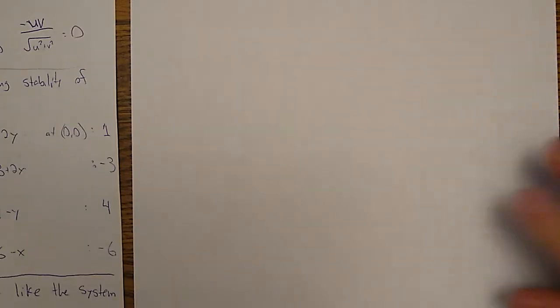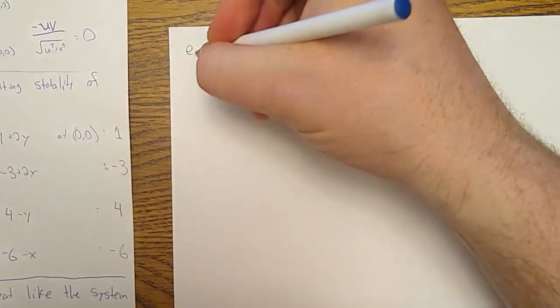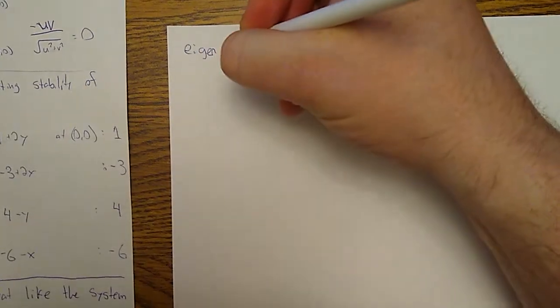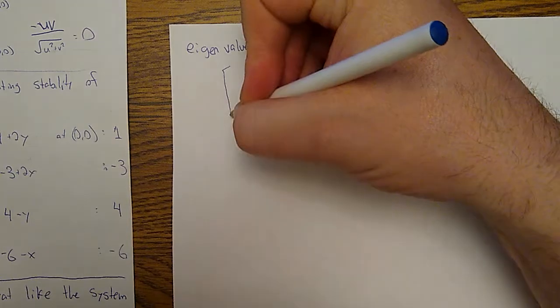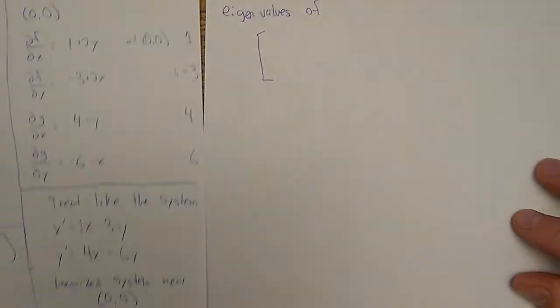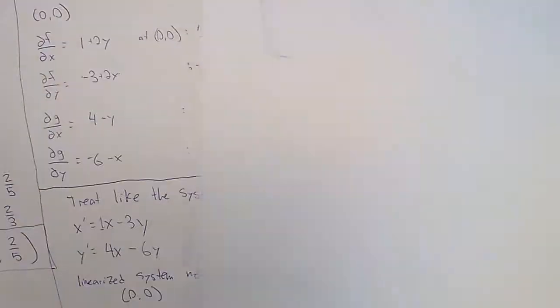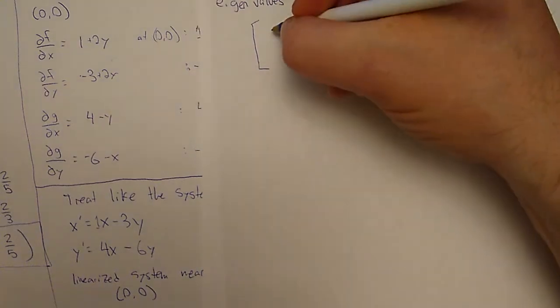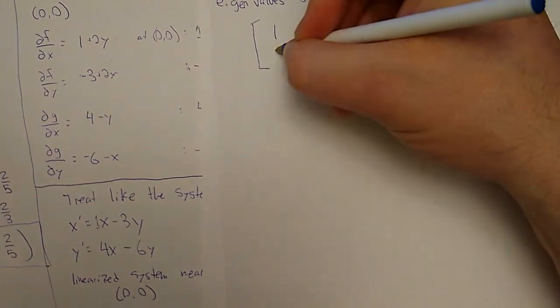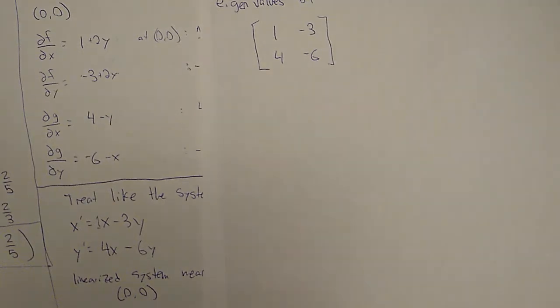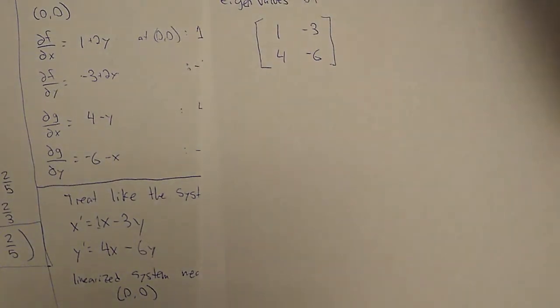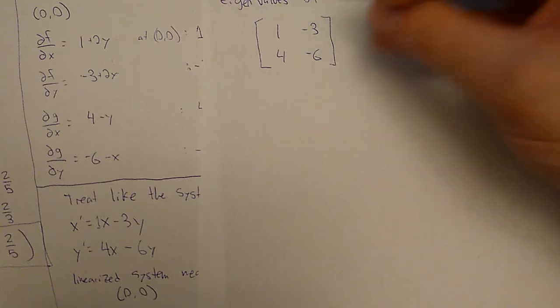So, I want the eigenvalues of the matrix 1, -3, 4, -6. And this is an easy problem, so this will be like a vacation for us.